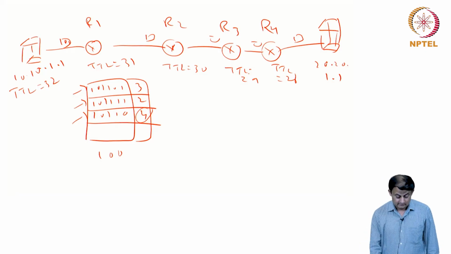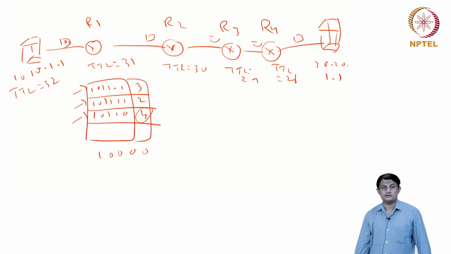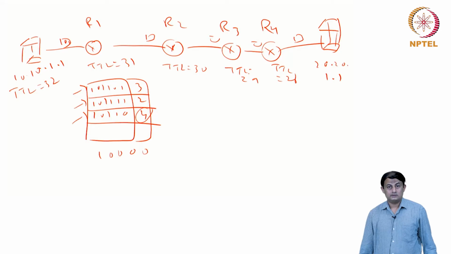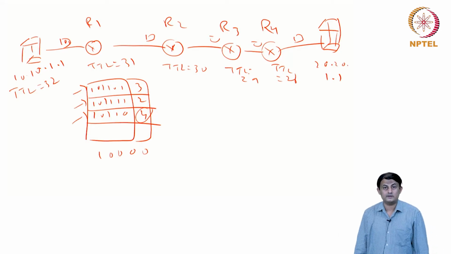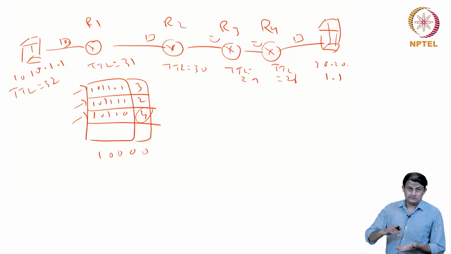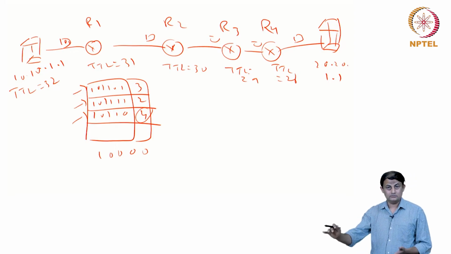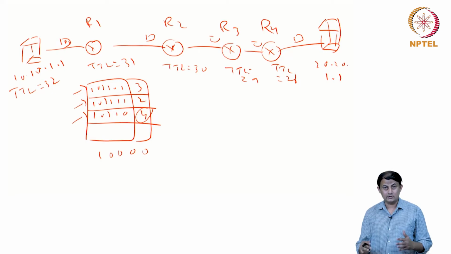On the other hand, if there are 10,000 entries inside this table, in the worst case I need to do 10,000 32-bit comparisons. So as the number of entries inside the routing table grows, you have a lot of work to do. So how do the entries in the routing table grow?